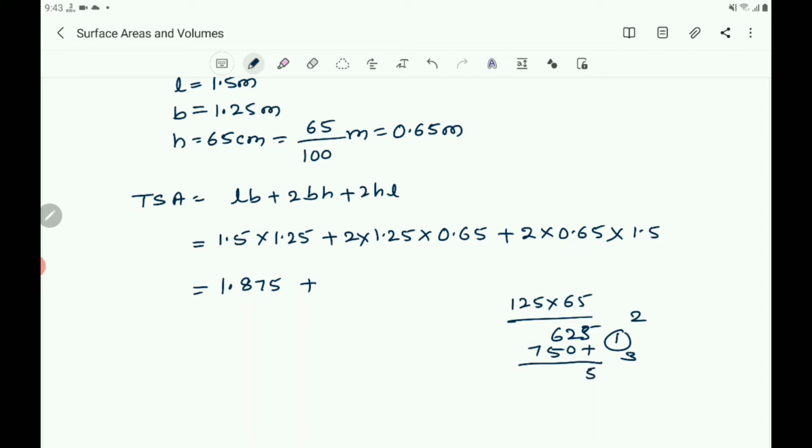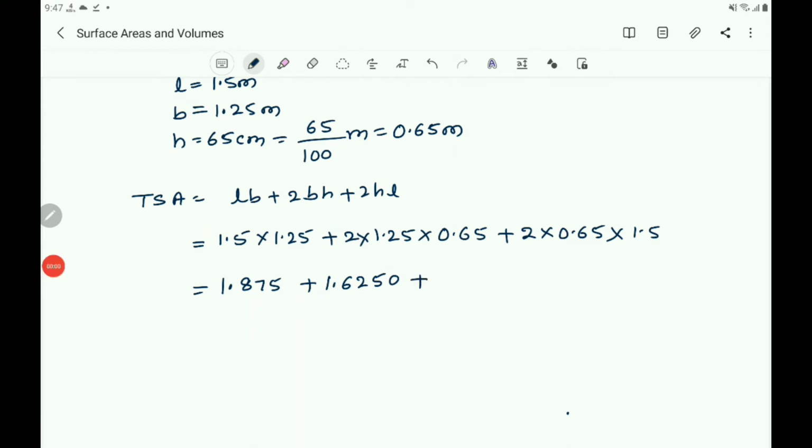Adding, you got 8125, and the decimal places here are 4, so it becomes 0.8125. Into 2 you do, then it becomes 1.6250.